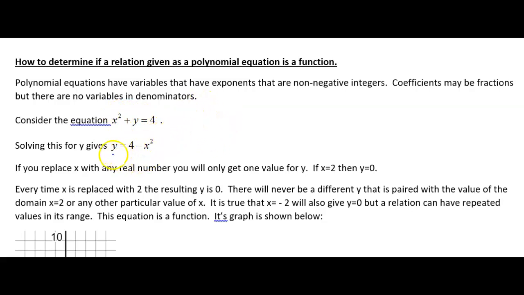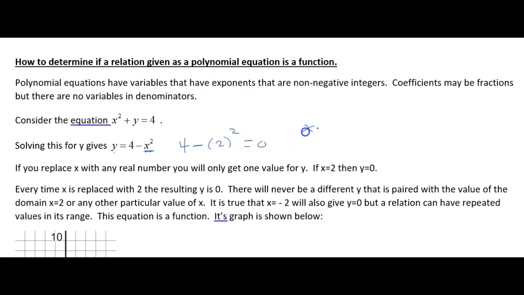If I solve this for y, I get y equals 4 minus x squared. No matter what I put in for x, I will get a single number as an answer for y. Now, those numbers might repeat. If I put in x is 2, I get 4 minus 2 squared, which is 0.